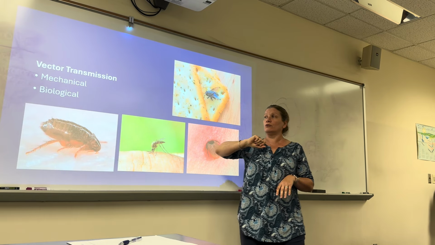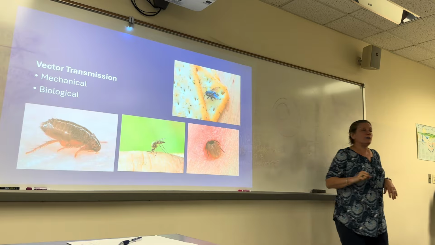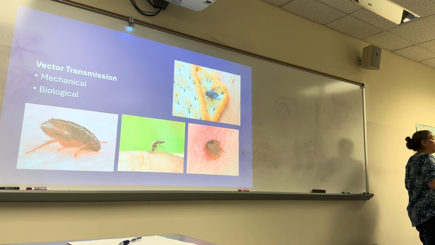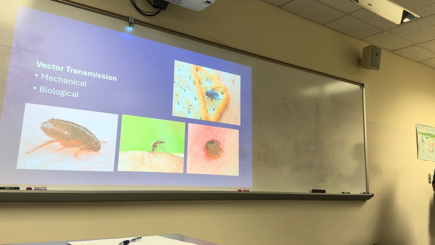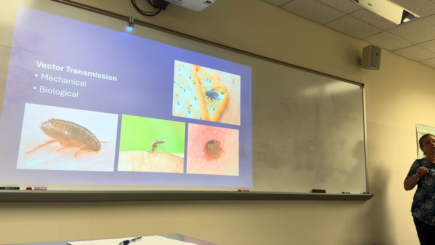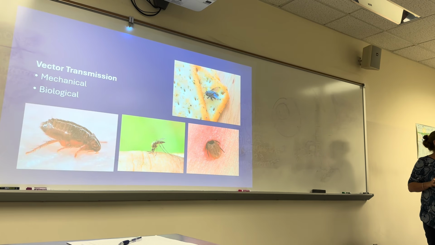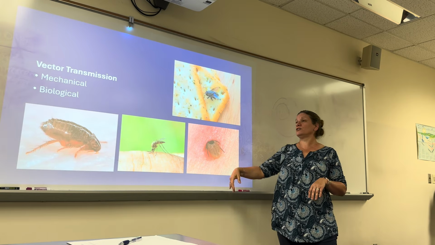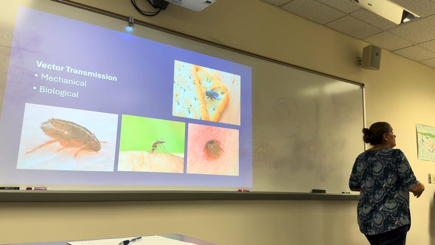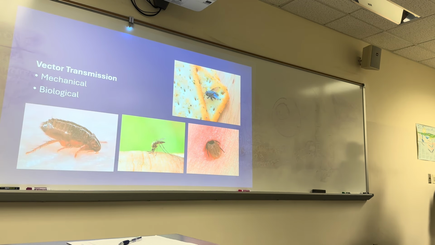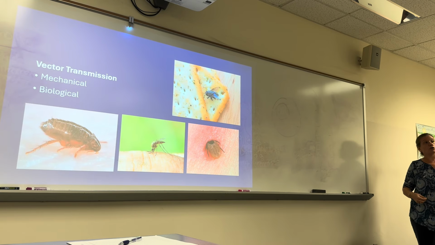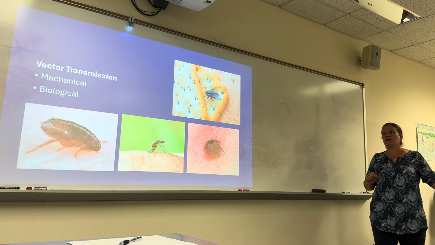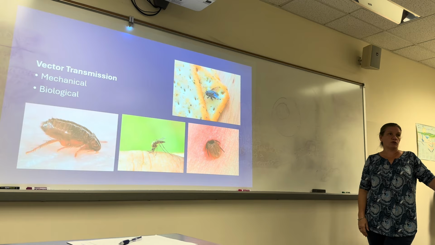A biological vector would be a vector where the pathogen actually has part of its life cycle in the vector. These are oftentimes your biting arthropods: fleas, mosquitoes, ticks, okay? Because they take a blood meal, the pathogen actually grows and has part of the life cycle within that animal, and then it bites another individual and during that bite transfers.